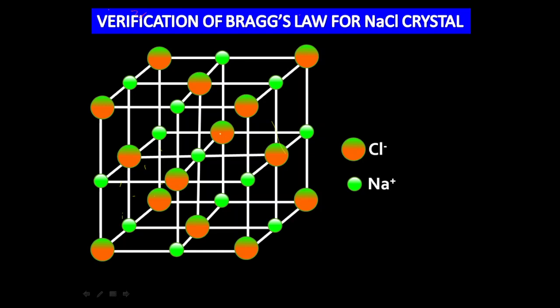Whereas Na+ ions are present at the 12 edge centers: 1, 2, 3, 4, 5, 6, 7, 8, 9, 10, 11, 12, and 1 Na+ ion is present at the body center of this large cube. So if I want to calculate the number of Na+ and Cl- ions in this large cube, I can calculate that.